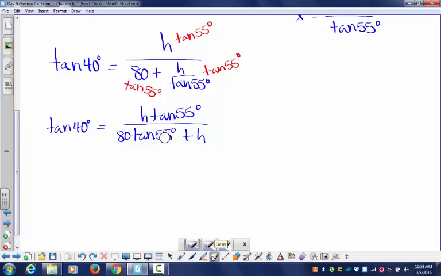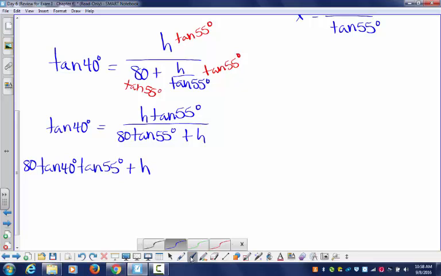Now we need to clear this big denominator, so we're going to move that whole thing to the left. We're going to multiply by that entire denominator, both sides. So when I multiply both sides by that, I will get this. I'm going to do one distribution step in my head here.